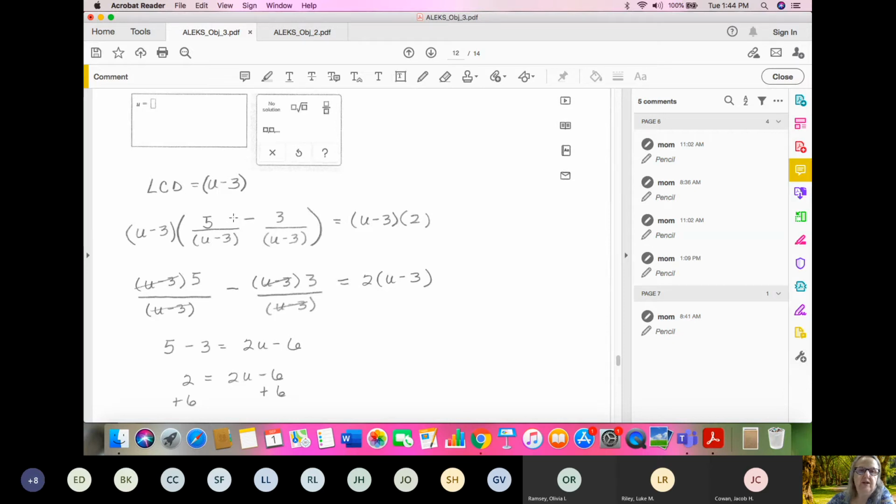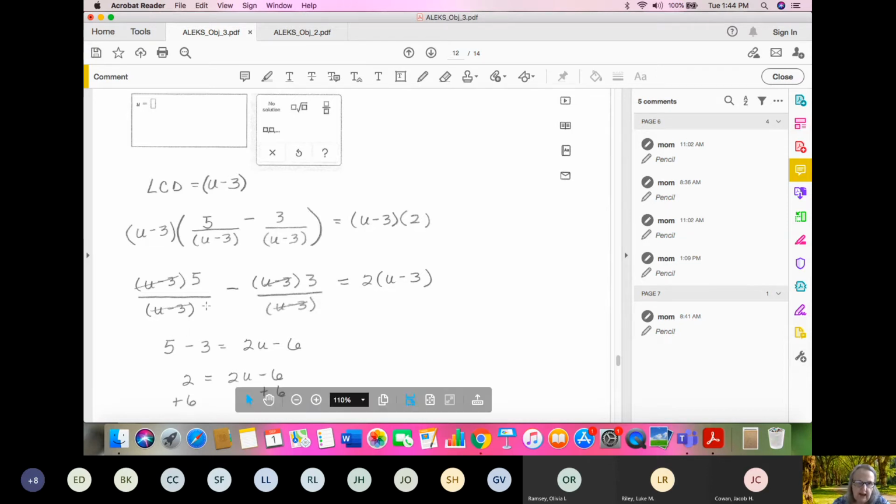So we can distribute. We take this u minus 3, copy it over, times the first term, which is 5 over u minus 3. That u minus 3 would look kind of funny if you didn't have parentheses around it. And then minus this u minus 3 from the outside times 3 over u minus 3. And over here on this side equals 2 times u minus 3. So maybe you're getting some sense of the importance of putting parentheses around terms.